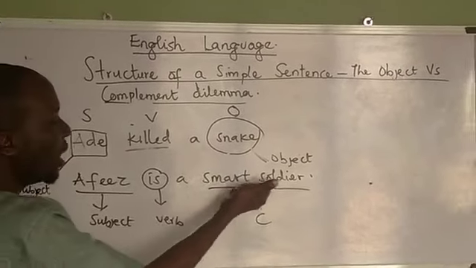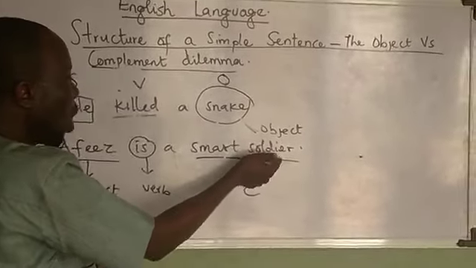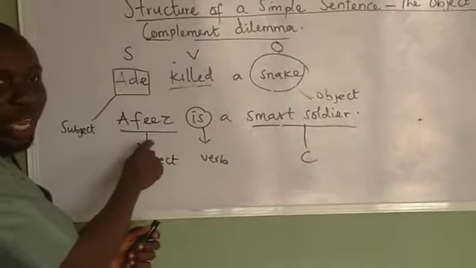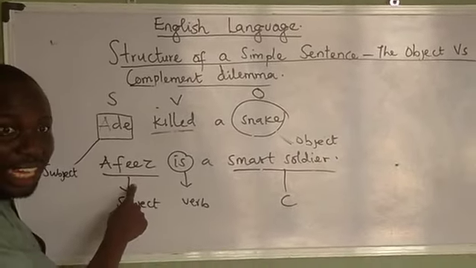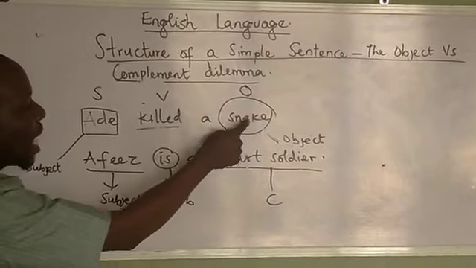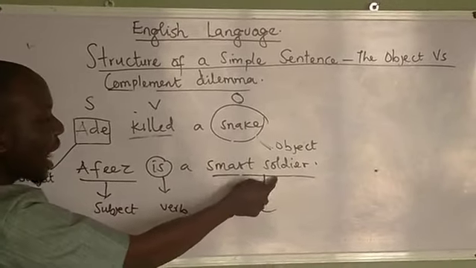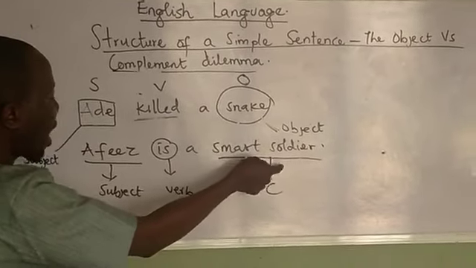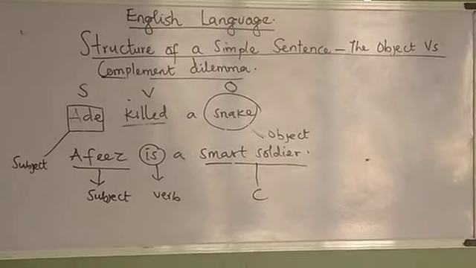Smart soldier is only giving us extra information about the subject, which happens to be the performer of the action. But here, the snake is not telling us extra information about Ade, but smart soldier here is telling us extra information about Hafiz. I hope that is clear now.